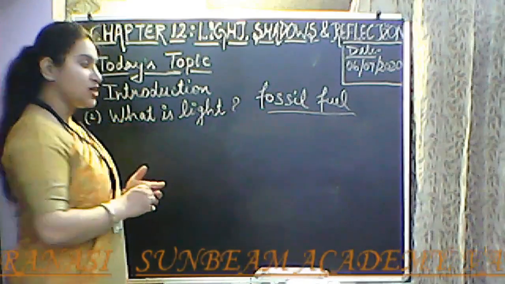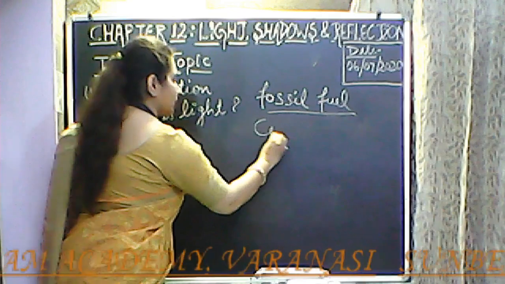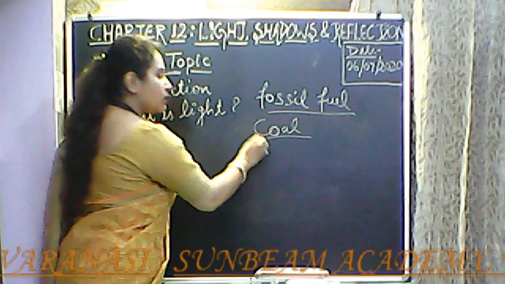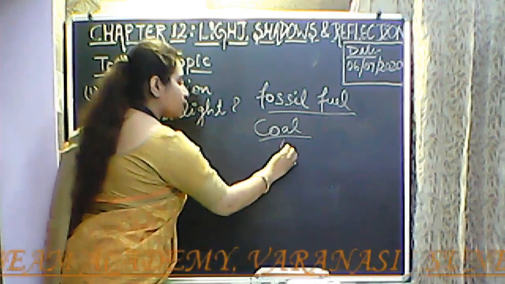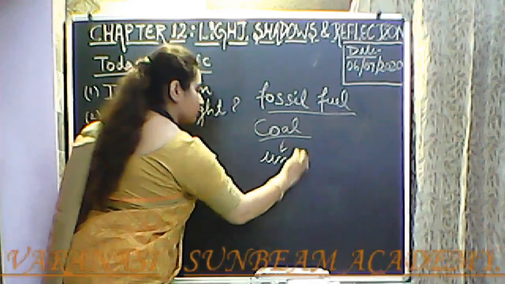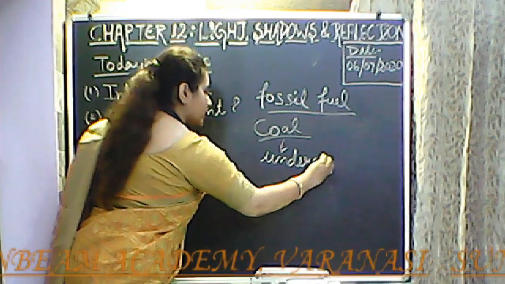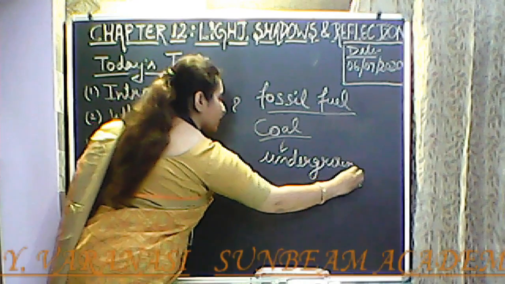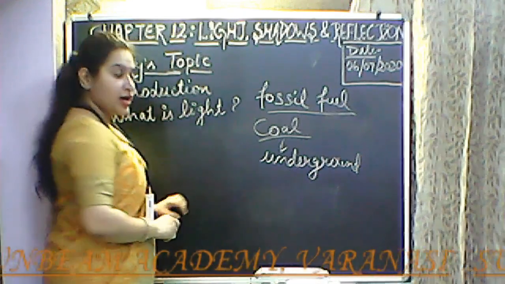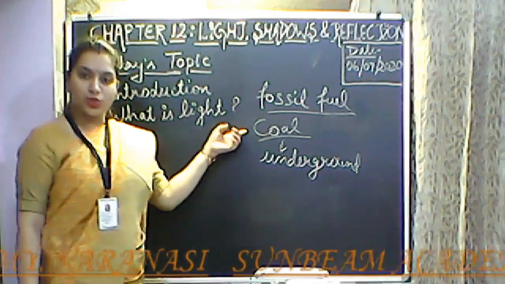So you have seen coal. So from where is coal obtained? Coal is obtained from underground. Yes, coal is obtained from underground. And what is exactly this coal?